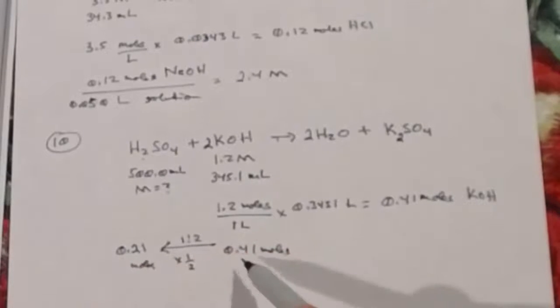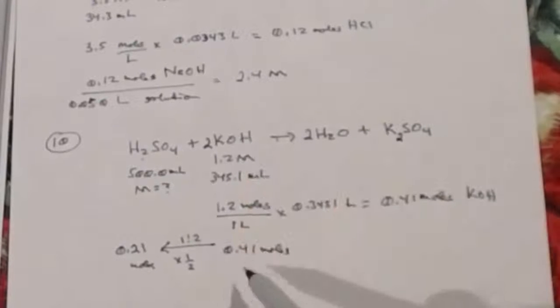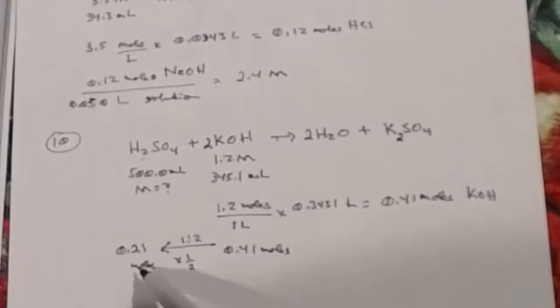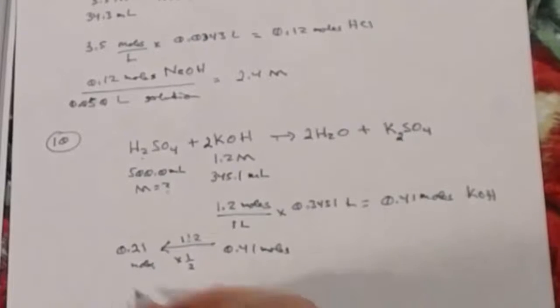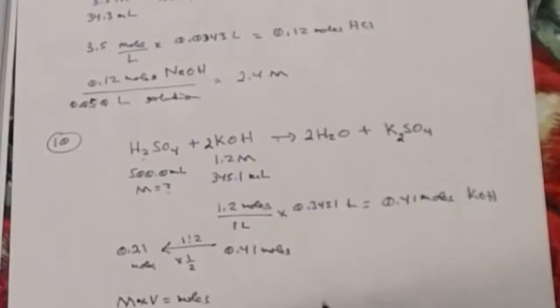So when we use 0.41 moles of base, we have to titrate that against, or balance that against, 0.21 moles of the acid. How do I get 0.21 moles? Well, my molarity times my volume equals moles, right?